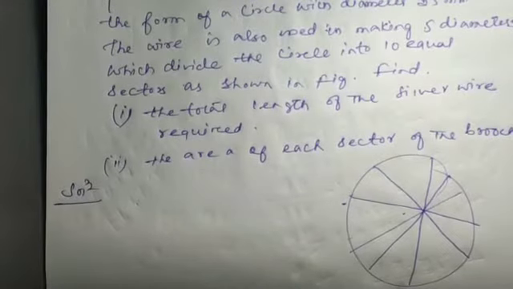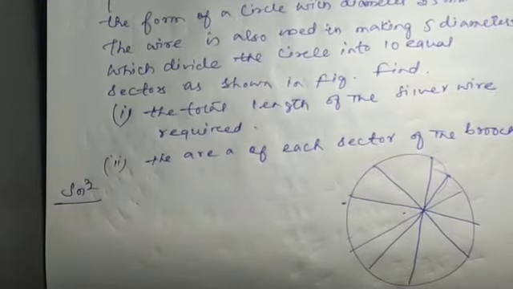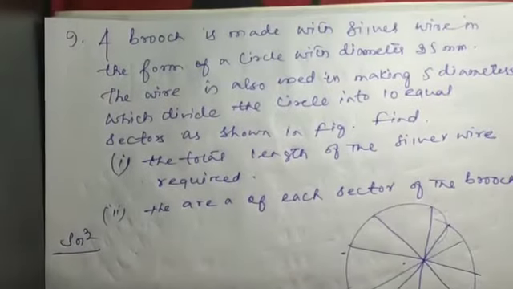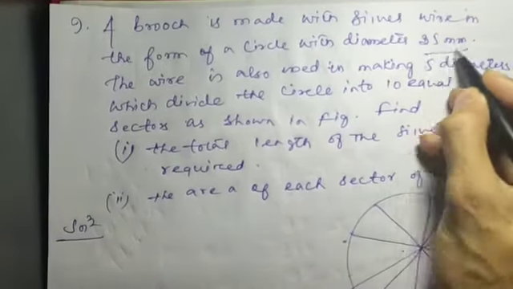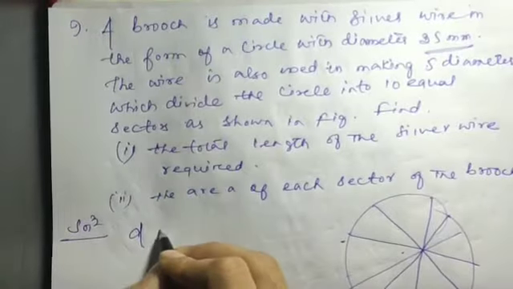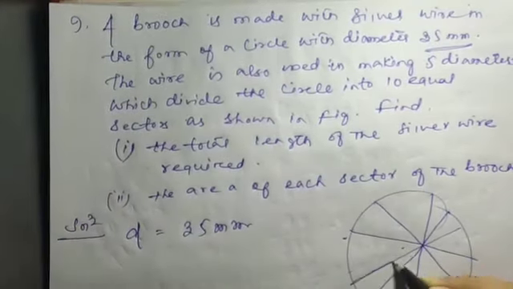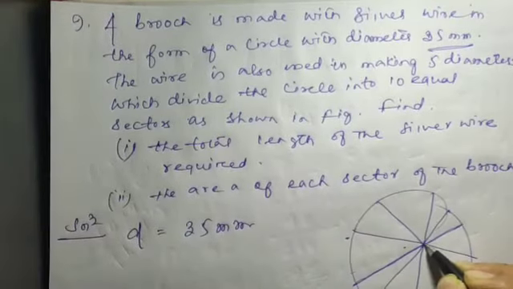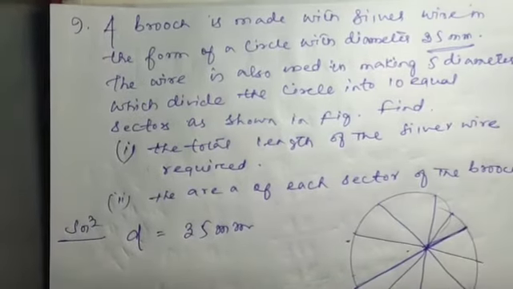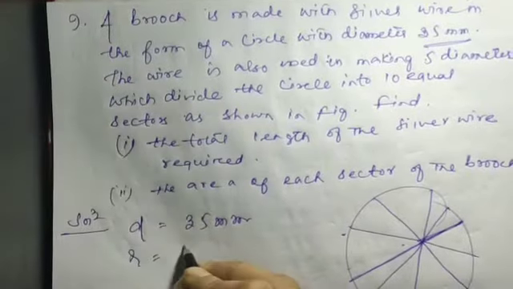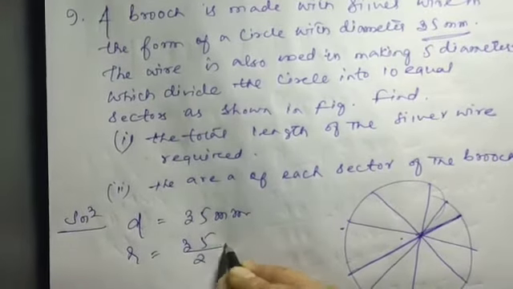So we know where the silverware is used. Yes or no? And the diameter has been given here, 35 mm. That means this full is 35 millimeter, and this half, that is the radius, is going to be 35 by 2 millimeter.